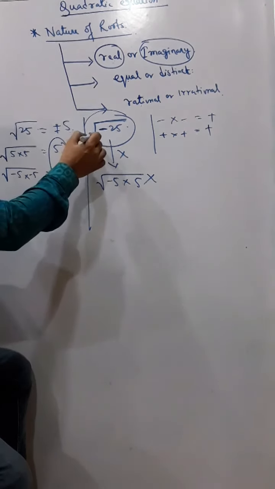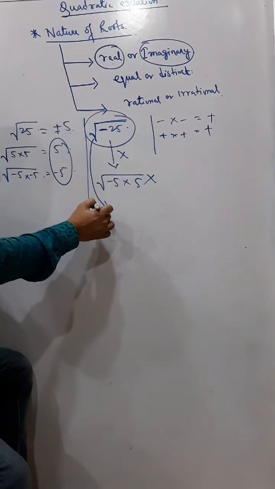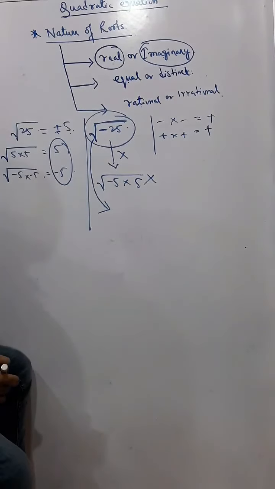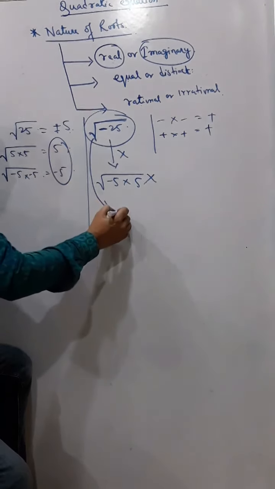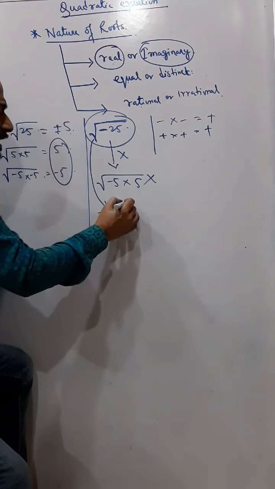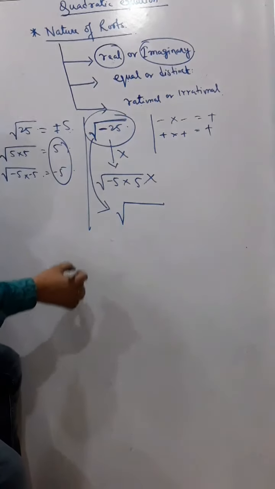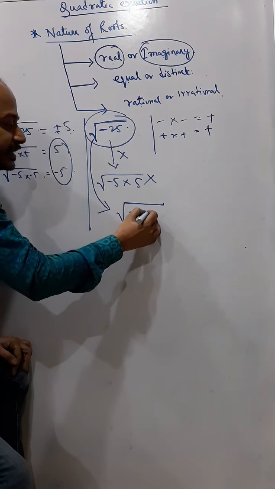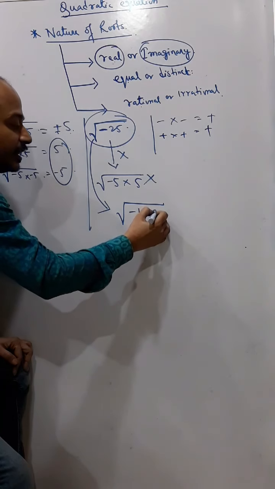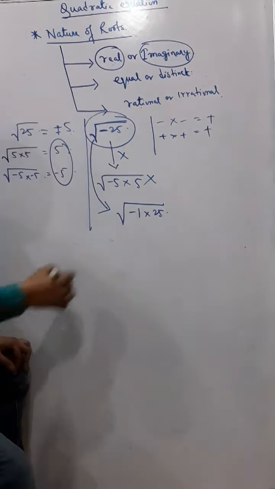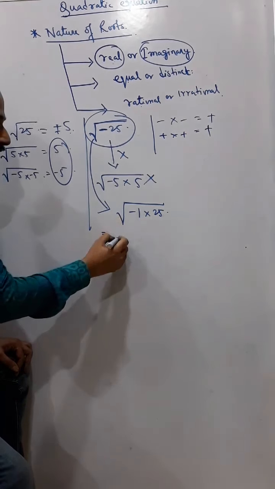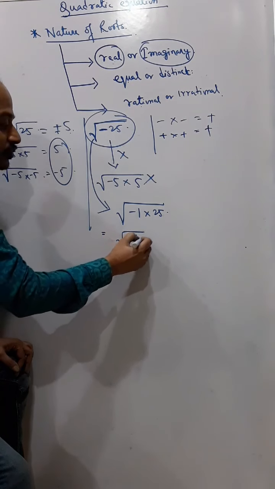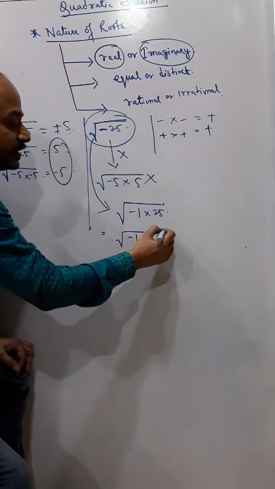Now this can be solved in a certain way. You learn it in class 11 as I've told you. It's not necessary at present, but still try to understand. This minus 25 I can solve in this way: minus 1 into this. Then I can split this into root over minus 1 and this.